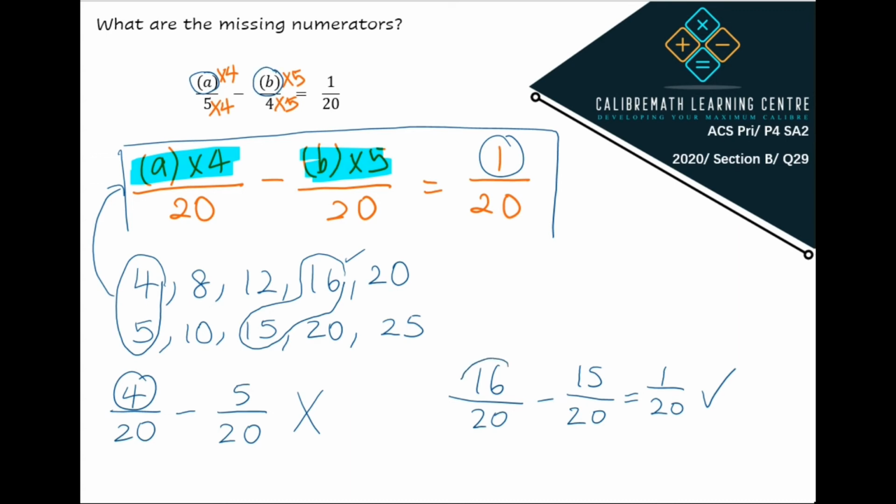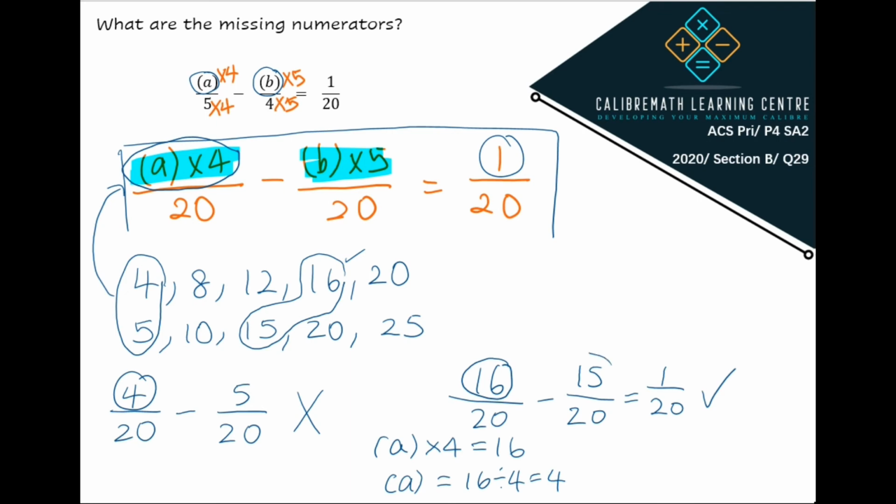Note that this 16 here is referring to the original number A times 4. So if I were to write it out, it's the original number A multiplied by 4 gives you 16. And so if you work backwards, you will be able to get the original number A to be 16 divided by 4, and that gives you 4.